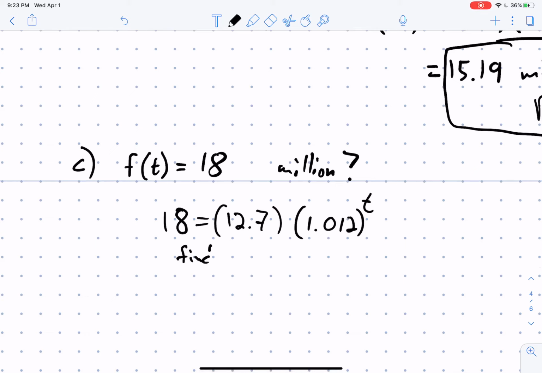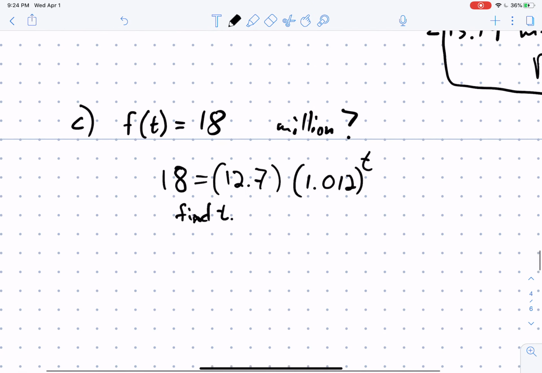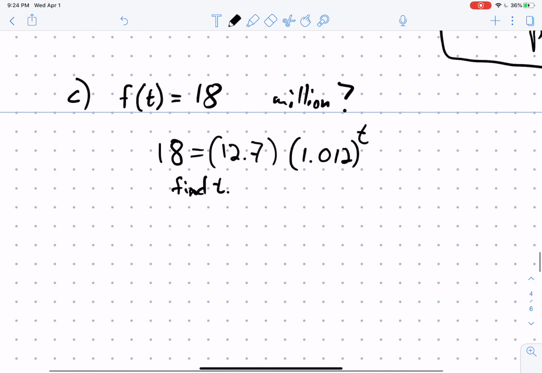And what we want to do is find t. That is to say, we're trying to find at what time does the population reach 18? What t do we have to put in there in order to make the right-hand side of this equation, when you calculate it out, turn into 18? And here's how we're going to do it. Don't let the decimals intimidate you. Just treat them as though they were any other number.